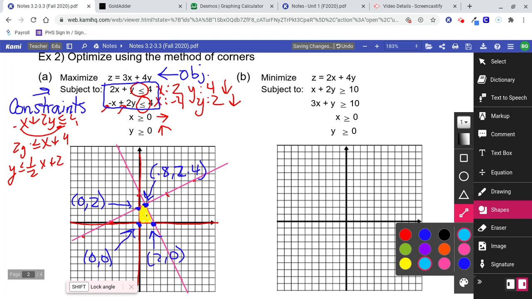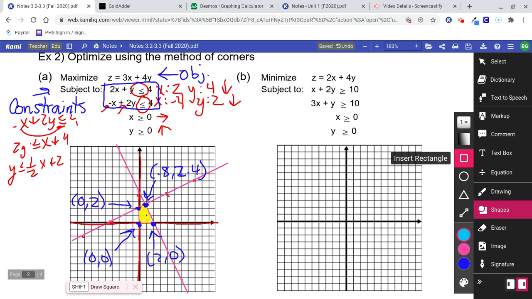This is our objective function, and that's our last step. What we have to do is plug the corners into that objective function.